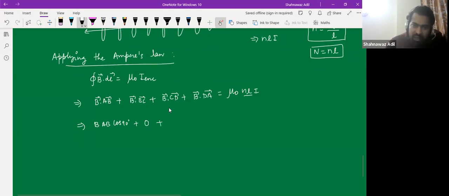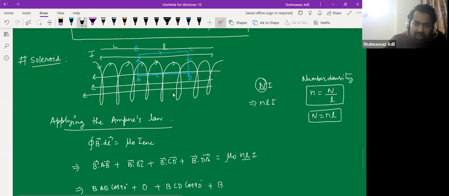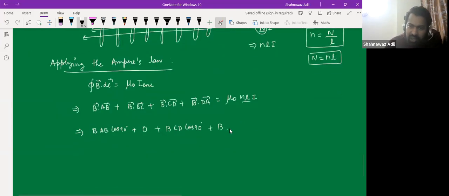And again for CD, it is cos 90, so zero.